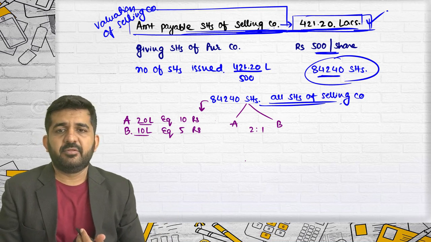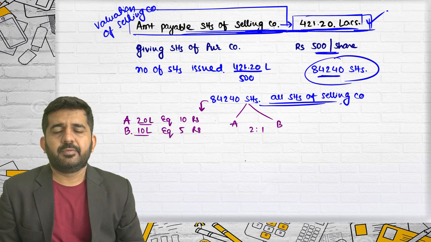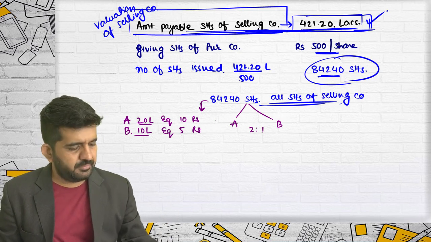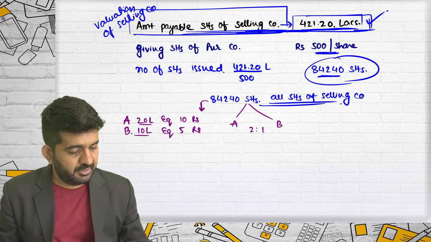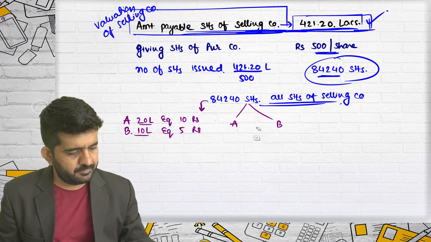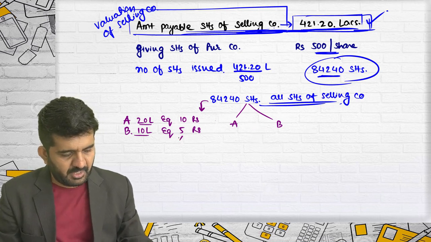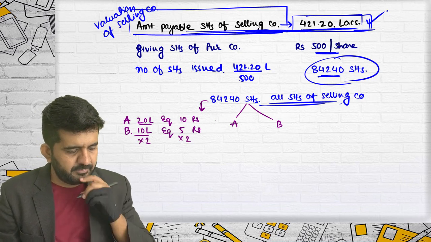No, sir. Then what ratio? Who gave the answer? Yes, sir. 20:5. How 20:5? Can you explain to me? Make the half paid-up shares to fully paid up. I'll do it into 2. All right.